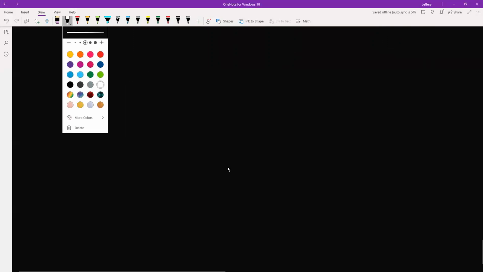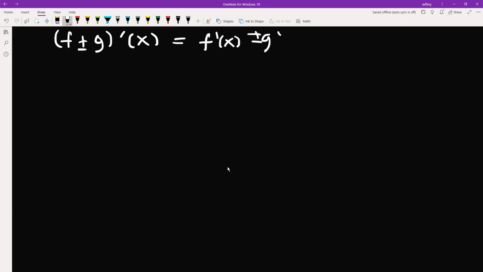Okay, so like I said, this is a hodgepodge, some excerpts from this chapter. I just want to do one proof of one differentiation rule. There are several rules. You've got the plus or minus rule: f plus g prime acting on x, or f minus g prime acting on x, is equal to the sum or difference of the individual derivatives.